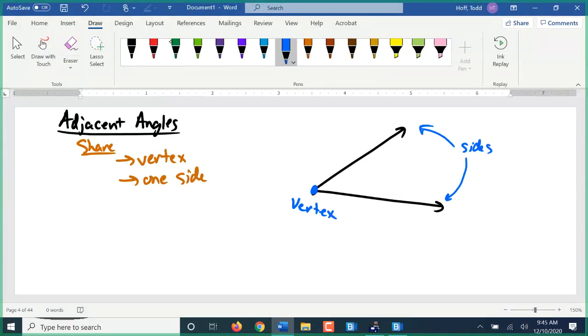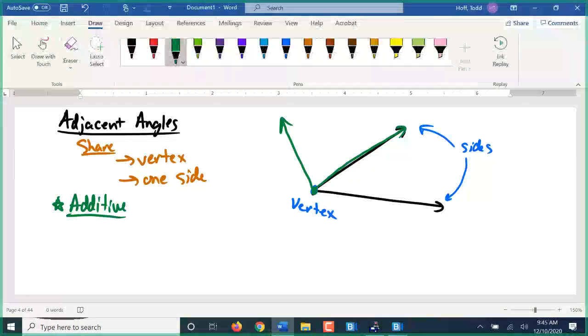Well, if I create a second angle that has sides like that, has the same vertex, those two angles are adjacent angles. What is important or special about adjacent angles is that they're additive.